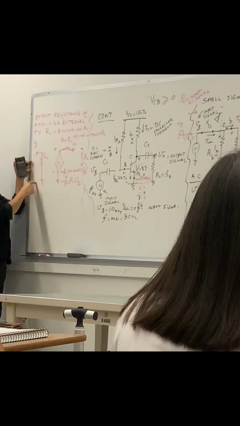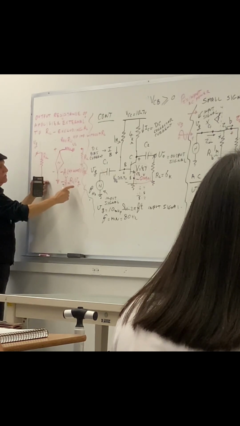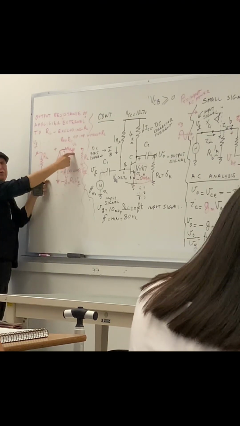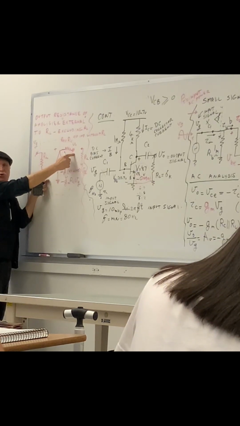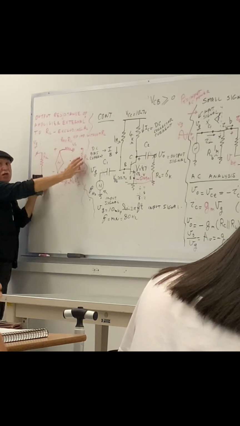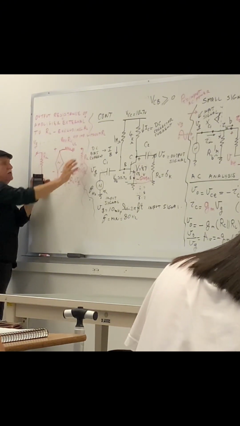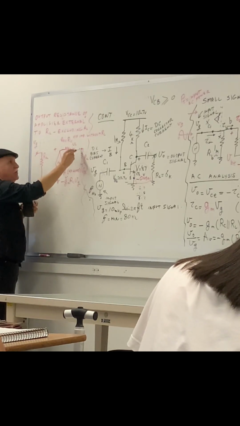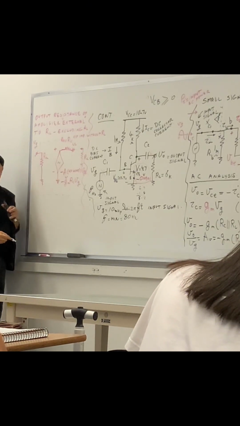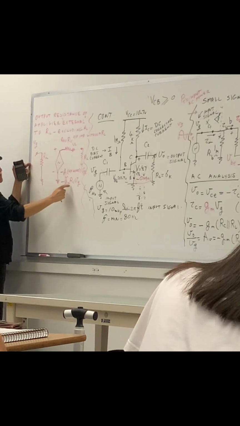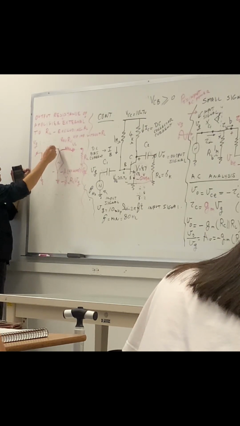So if you apply VG in here, it will be VG times GM times RC in here, same thing as at the output. The two will be identical. This is not in yet. So only RC counts, only RC is counted without RL. But if you bring the RL, what will happen? This node will be GM RC VG. It's here.